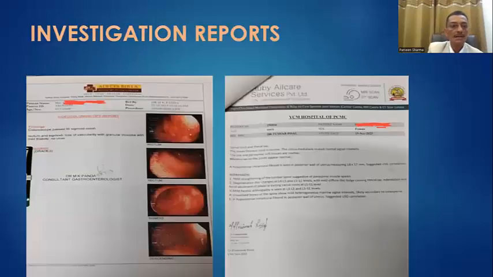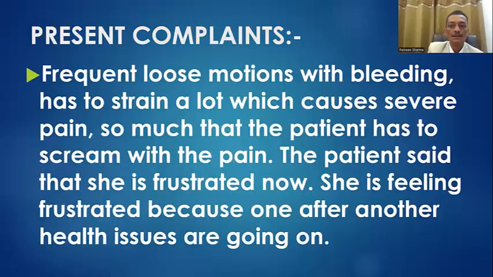So these are the investigation reports of the patient. Present complaints: frequent loose motions with bleeding, has to strain a lot, which causes severe pain, so much that the patient has to scream with the pain.